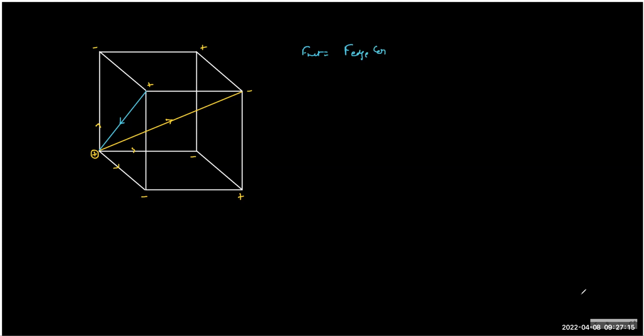Cos beta will keep as usual. See previous page. So F net will be F edge cos beta, and 3 times F body diagonal, but minus, we have to make it 3 F face diagonal cos alpha.